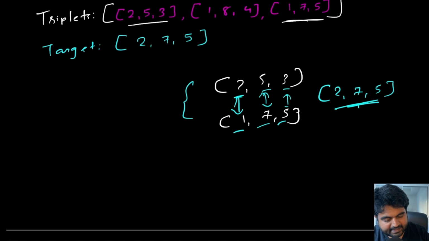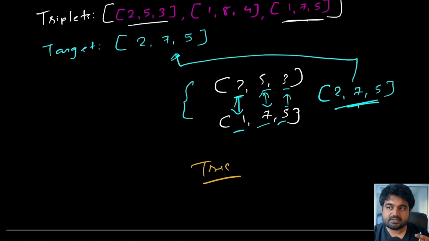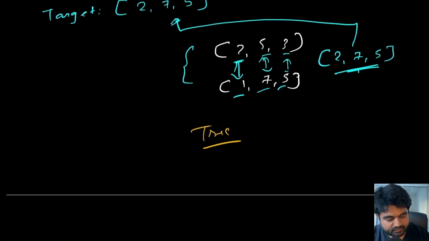Notice that this exactly matches the given target. So we return true, saying that based on the input we are able to generate the target by merging triplets.